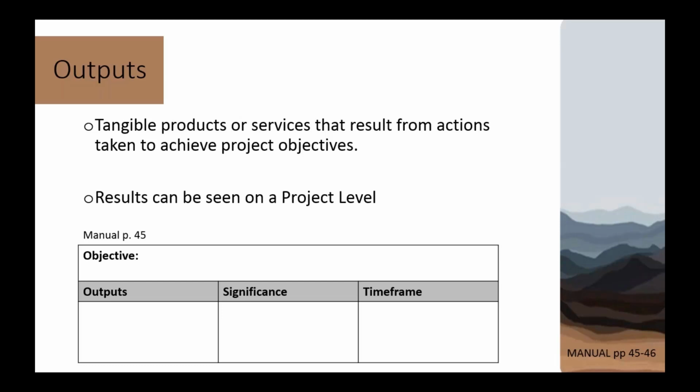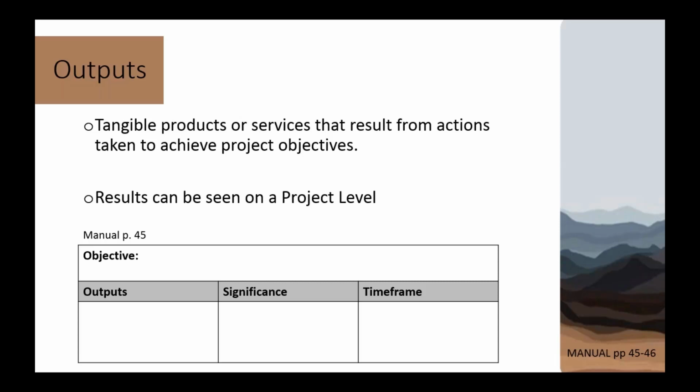Okay, so this is the manual, page 45. There's a little chart that will help you. So once you've finished your objective work plan and you have all your outputs finalized, you're going to come back to this chart, and this isn't required. This is just something the trainers have developed because we hope it'll help you address this criterion.